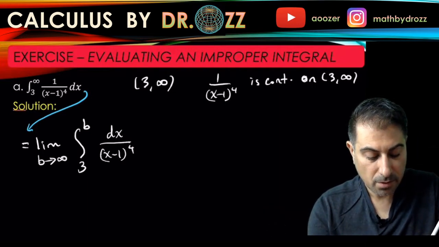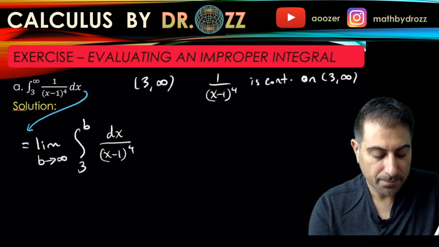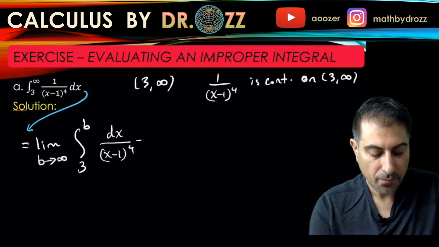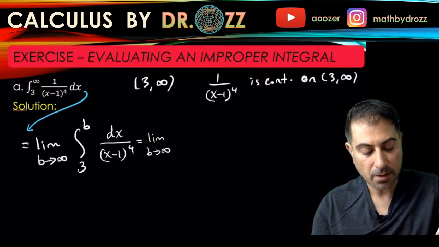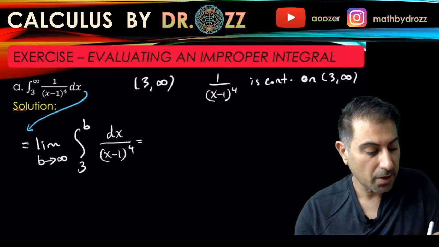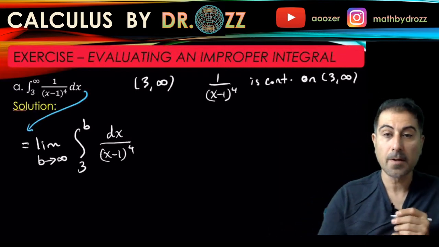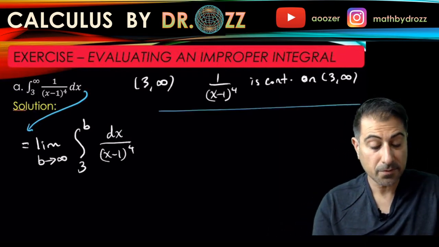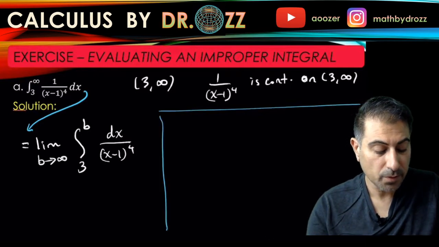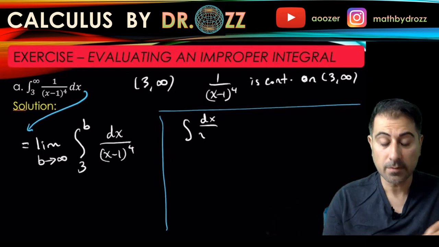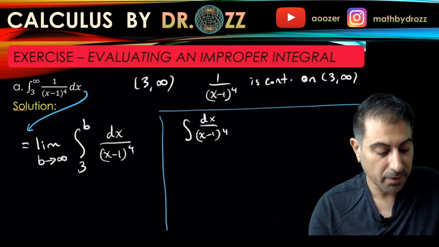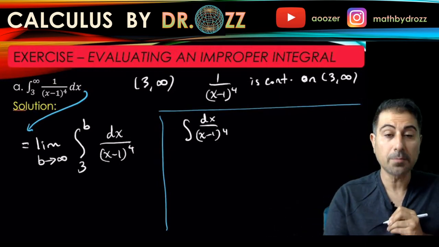Okay, so let's rewrite that integral. In fact, why don't we use the u substitution real quick, and then I will just take care of this integral here, in fact the indefinite version of that. Once we have it, we can work on the fundamental theorem of calculus together with the limit operation.